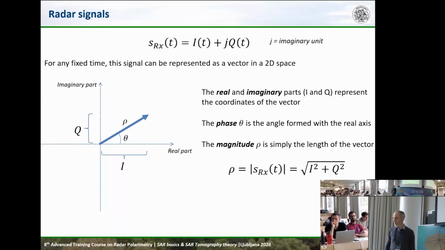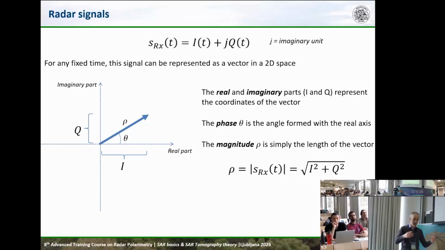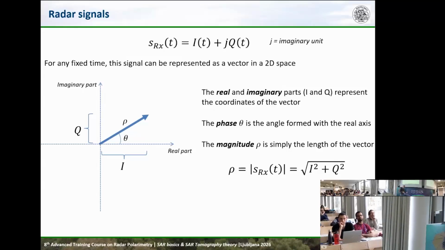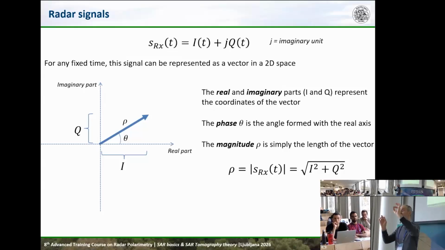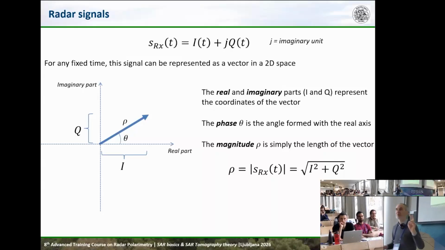So this is our signal. There is also to say that a complex number can also be very efficiently imagined as a vector in a 2D space, and we all like vectors in 2D because they are easy to understand.